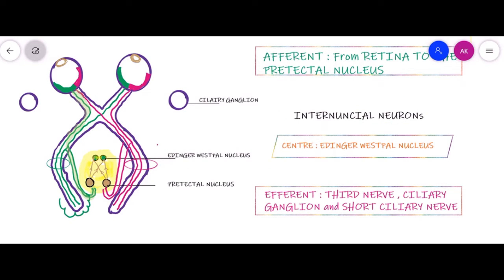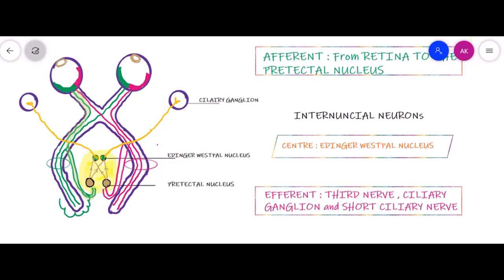Finally, we have the efferent limb of the light reflex. The efferent pathway consists basically of the parasympathetic fibers arising from the Edinger-Westphal nucleus of both sides. These parasympathetic fibers are present in close relation to the third cranial nerve. Okay, and they are going to travel in one of the roots of the third cranial nerve and go up to the ganglion present on either side of the eye, called the ciliary ganglion.